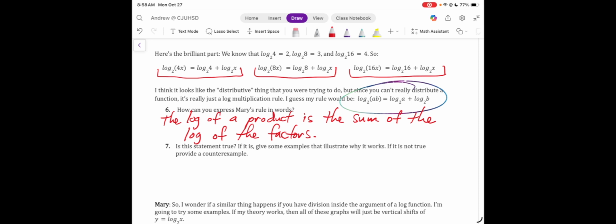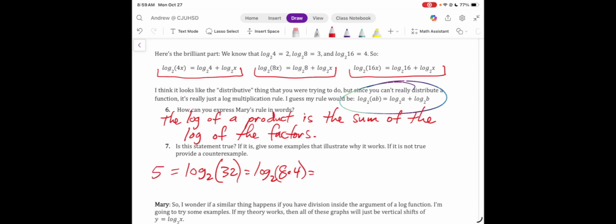Okay, so let's just do one example. The log base 2 of, let's say, 32 is the log base 2 of 8 times 4. Now remember, log base 2 of 32 is 5.